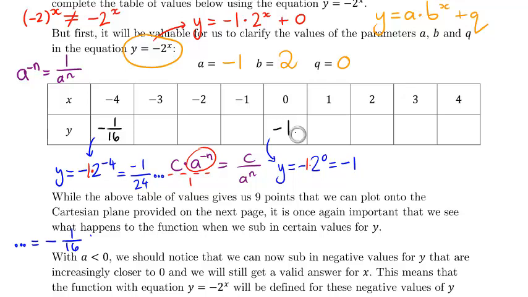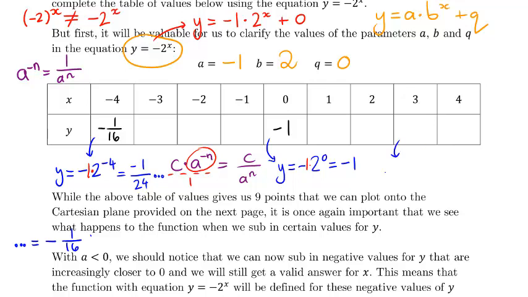What was the y value for the original y is equal to 2 to the x? The original y value was 1. That's interesting. Now it's minus 1. What was the original y value for when we just had y equals 2 to the x? Well, the original y value was just 1 over 16, not minus 1 over 16. I wonder what that minus 1 is doing to all my y values, guys. Okay, so last but not least, let's try x is equal to 3.